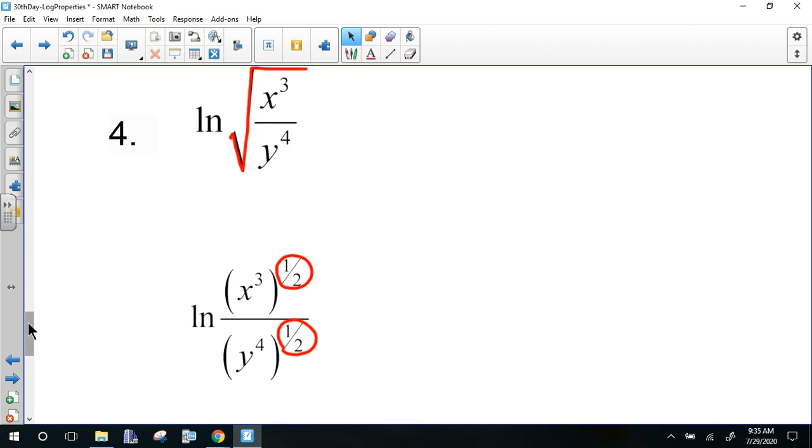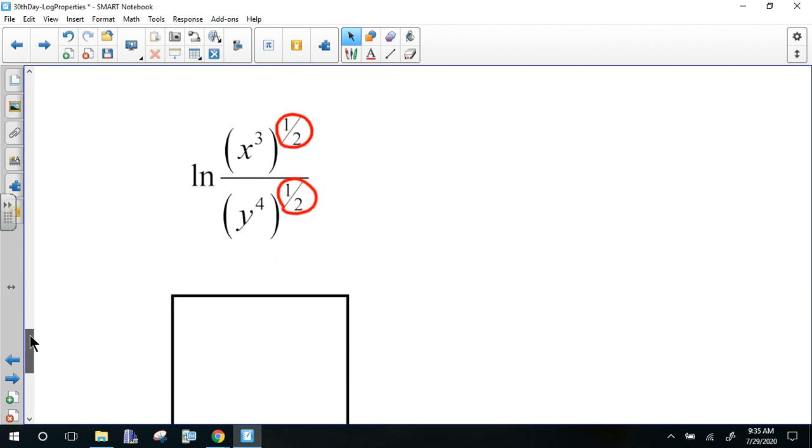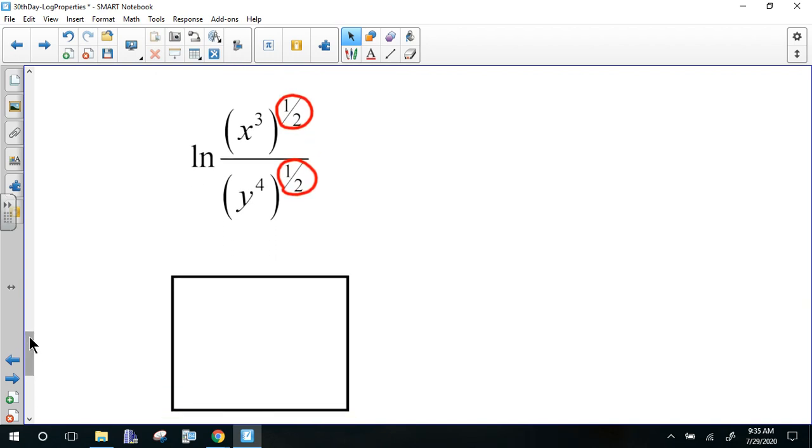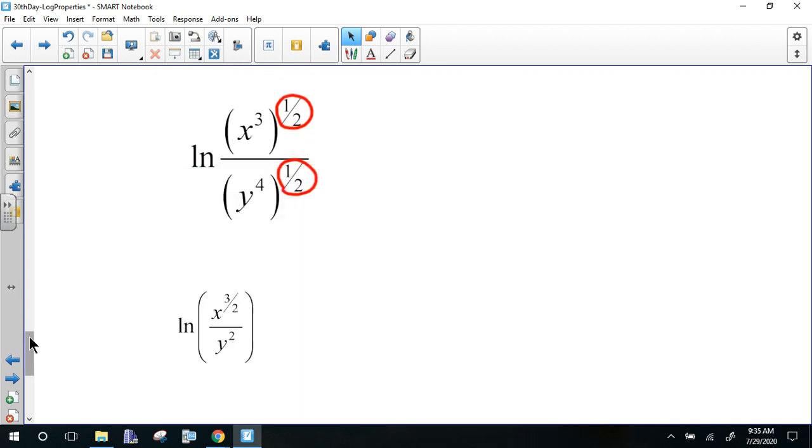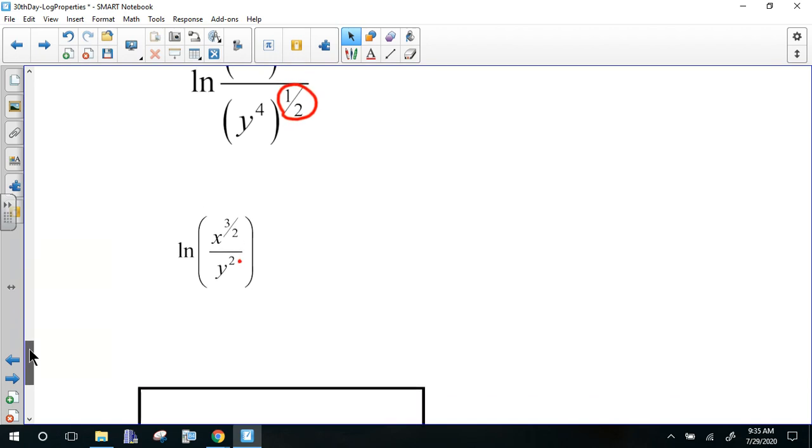I can now get rid of the division. Looks like they're multiplying those exponents. 3 times 1/2 is 3/2. 1/2 of 4 is 2. So they simplified that.